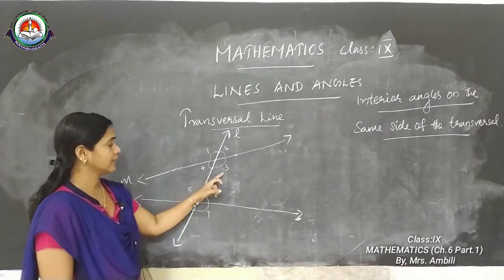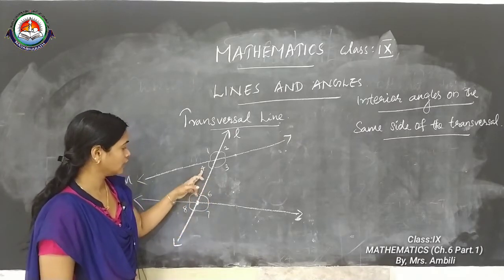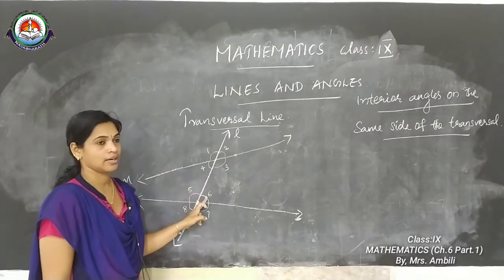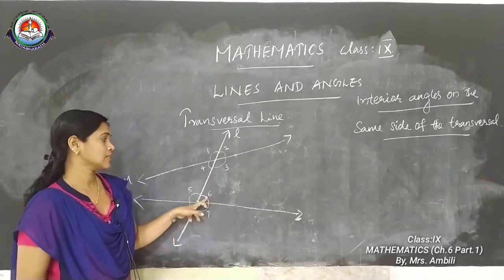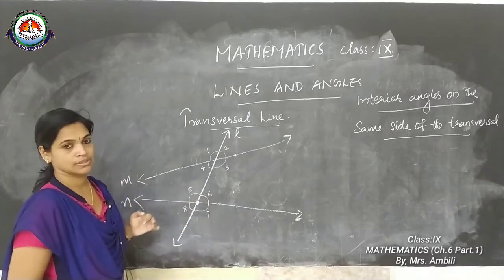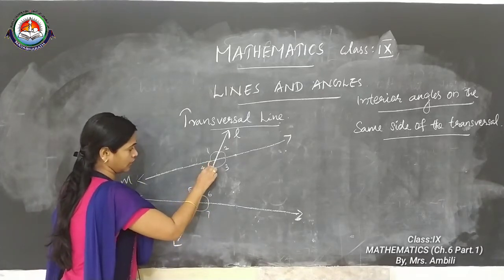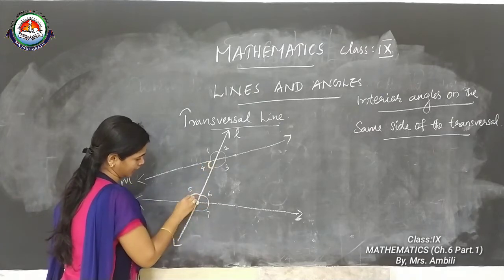So, what are the interior angles here? Angle 3, angle 4, angle 5 and angle 6. So, interior angles on the same side of the transversal means angle 4 and angle 5.